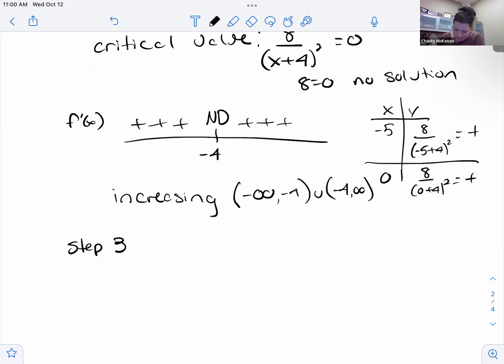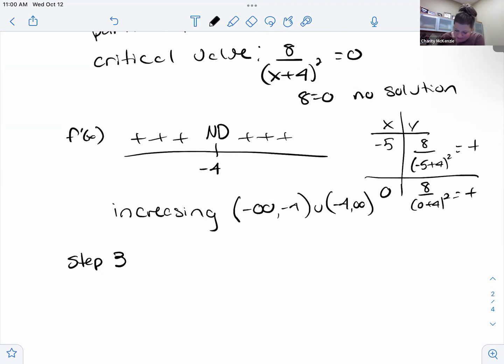For step 3, we need to do the second derivative. So we currently have the 8 over that. When we go to do the second derivative, we're going to have the original bottom, (x plus 4) squared, times the derivative of the top. Well, the derivative of the top is 0, because the derivative of 8 is 0, which is super nice.